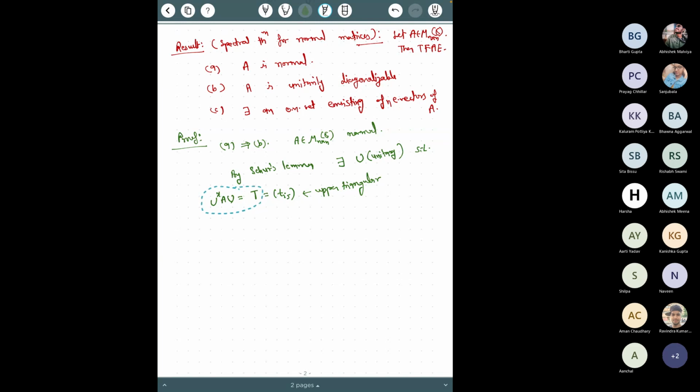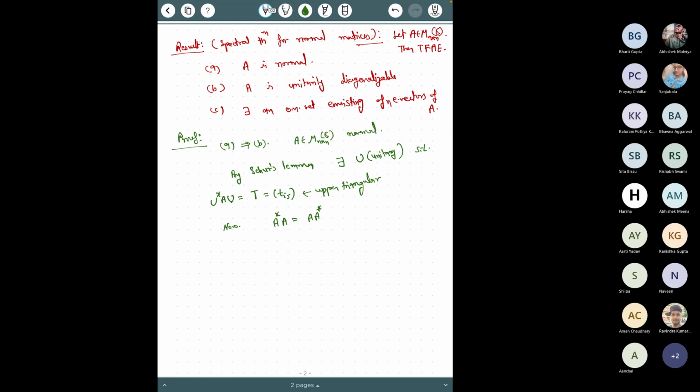Then this implies that A is unitarily diagonalizable. In fact, it turns out that this T is a diagonal matrix because A is normal. The normality enforces that. Let us see why this is true. We know that A is normal, so that means A star A is equal to A A star.